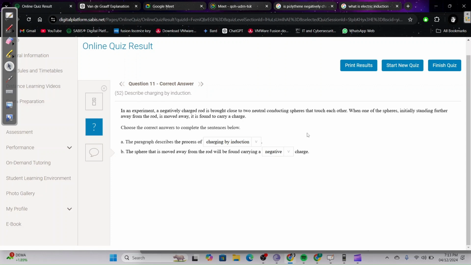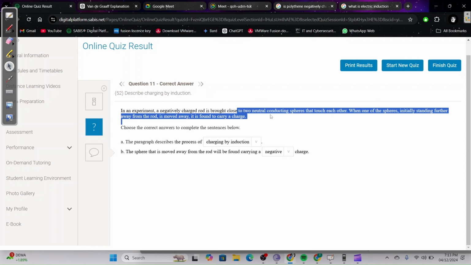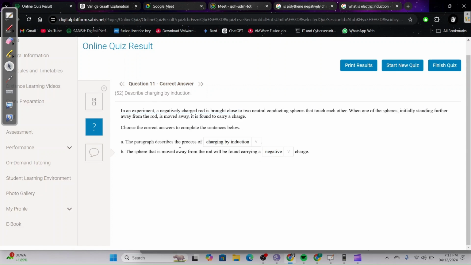So you have two neutral conducting spheres at the start. You put a rod close to them, so the electrons are going to travel through, and this here is going to repel. When this sphere, standing further away from the rod, gets moved away, that is induction. Keep in mind, it's used for charging. Here they said this process describes the charging by induction.